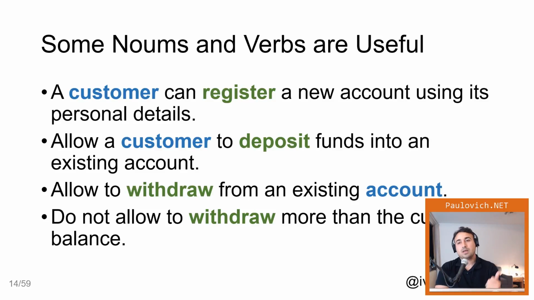Well, that previous use case helps us to design the model. The first thing is to identify the nouns and the verbs. It helps us to create the vocabulary. So we identify that there is a customer and there is an account.